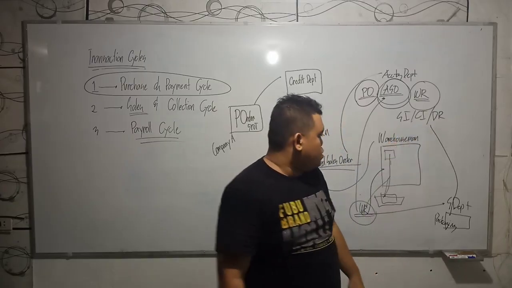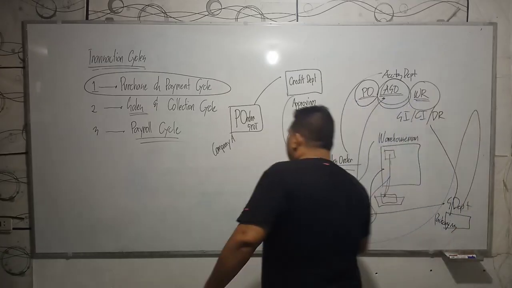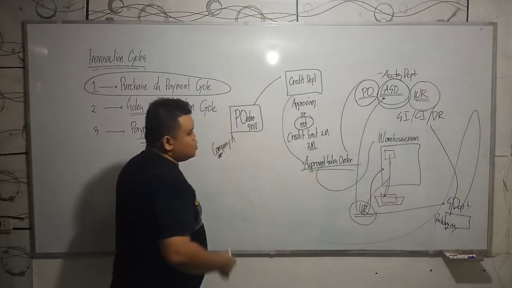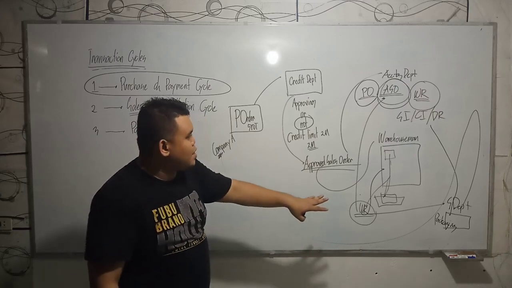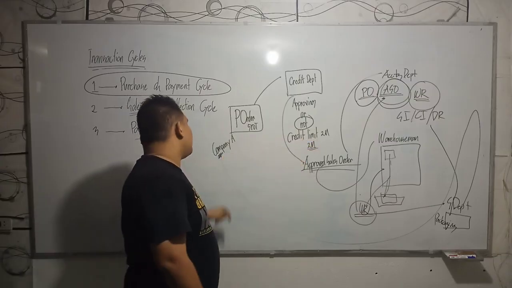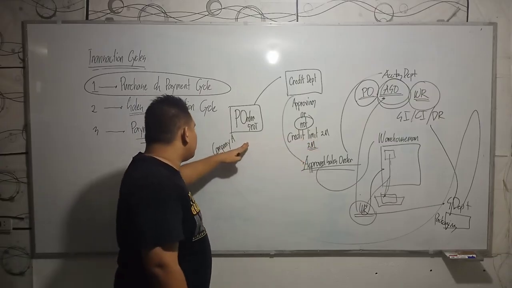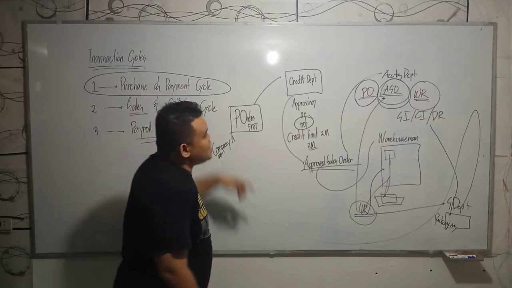Okay? Now, it will be delivered to company A, which is the customer. And you already know what will happen with that packaged goods and those items there, right? So we don't care about what happens to company A already, because we have already finished the purchase and payment cycle.